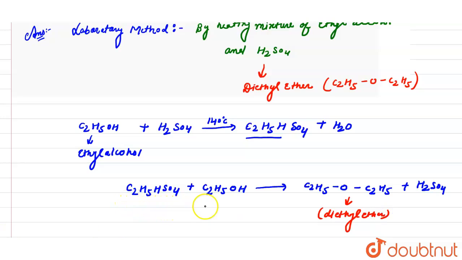It is clear from the above reaction that a small amount of concentrated sulfuric acid taken initially can convert a very high amount of alcohol into ether. Hence this method is also called the continuous etherification method.